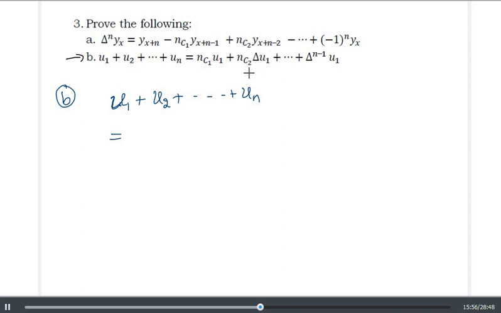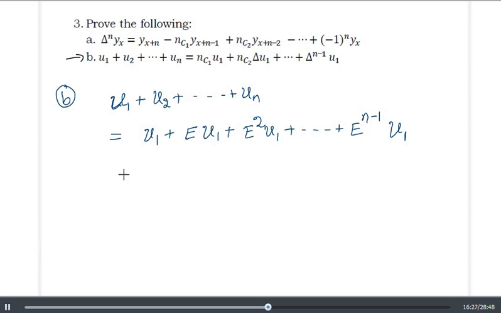Somehow we would like to get the difference operators here, but in terms of the shifting operator we can write it like this: u1 plus e acting on u1 plus the next one u3, that is e square acting on u1, plus and so on plus e power n minus 1 acting on u1.